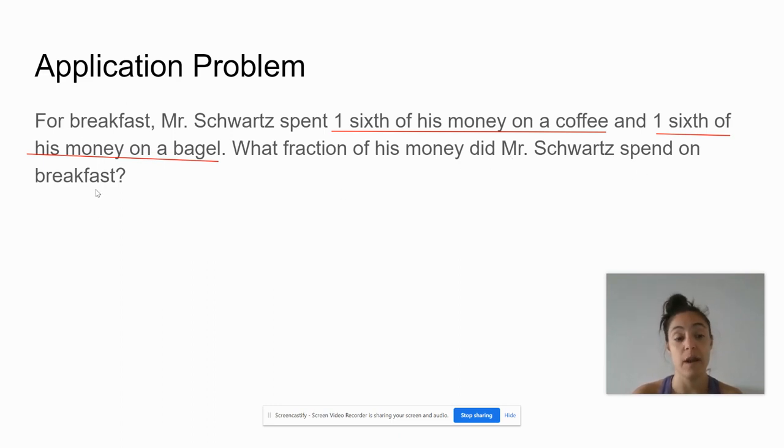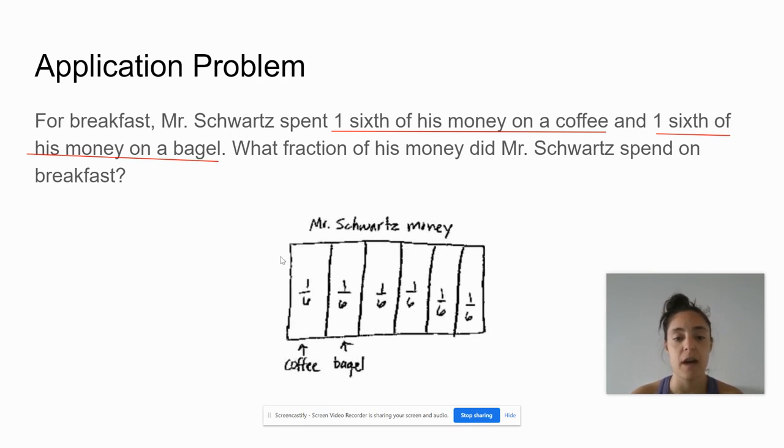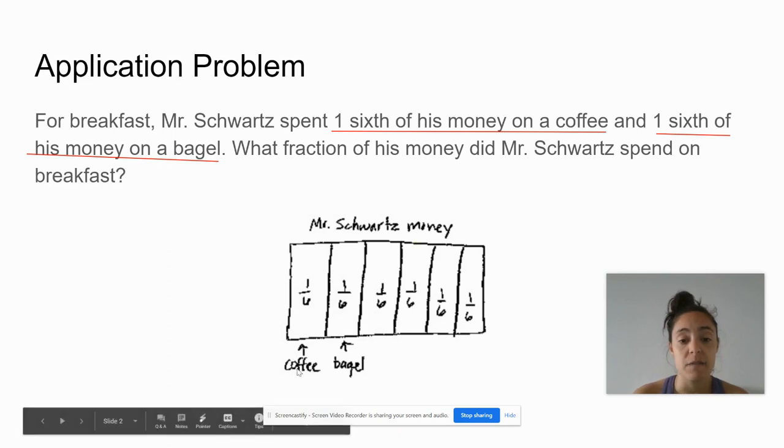Now, I need to figure out what fraction of his money Mr. Schwartz spent on breakfast. So we know that if I draw a tape diagram, there are 6 parts in my whole because it says so here, 1/6, or 6 as my denominator. If you look at my picture, I see that coffee is 1/6, bagel is 1/6.